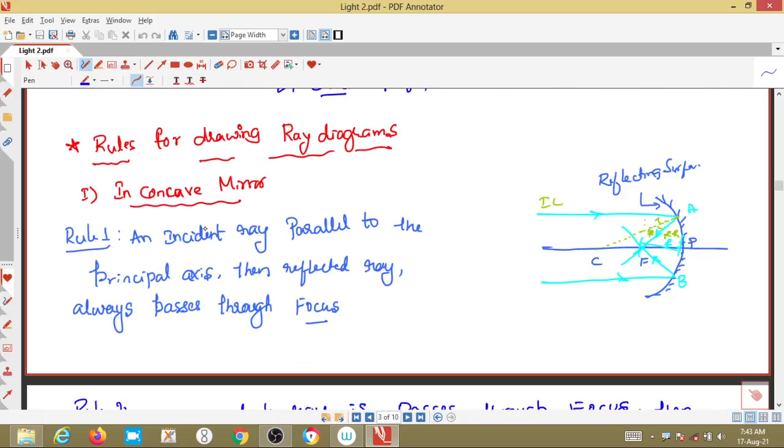In the case of a concave mirror, rule number 1 says that if a ray is incident parallel to the principal axis, then the reflected ray will always pass through the focus.